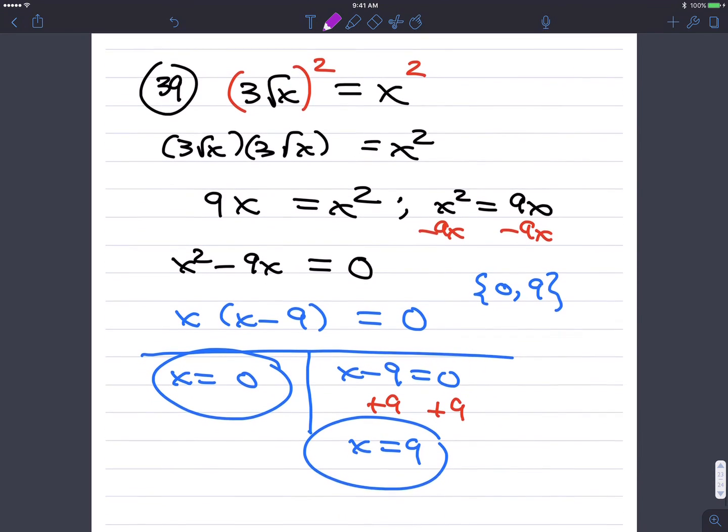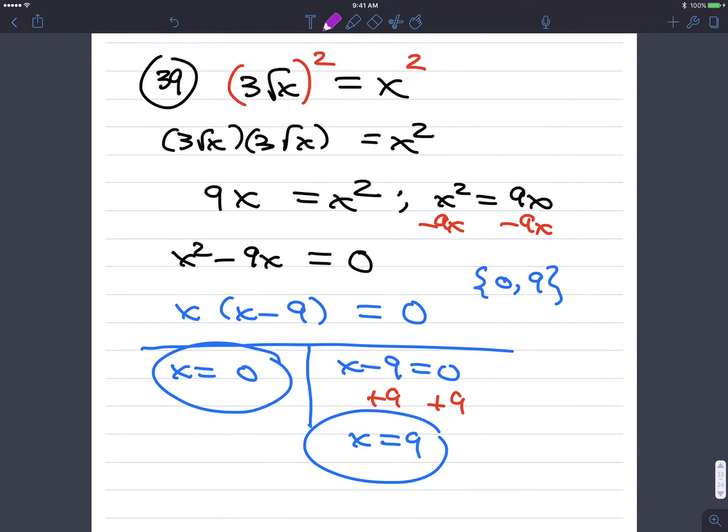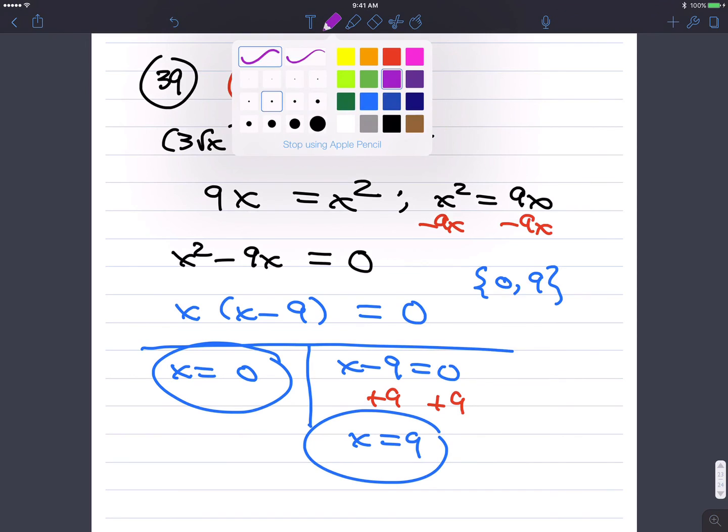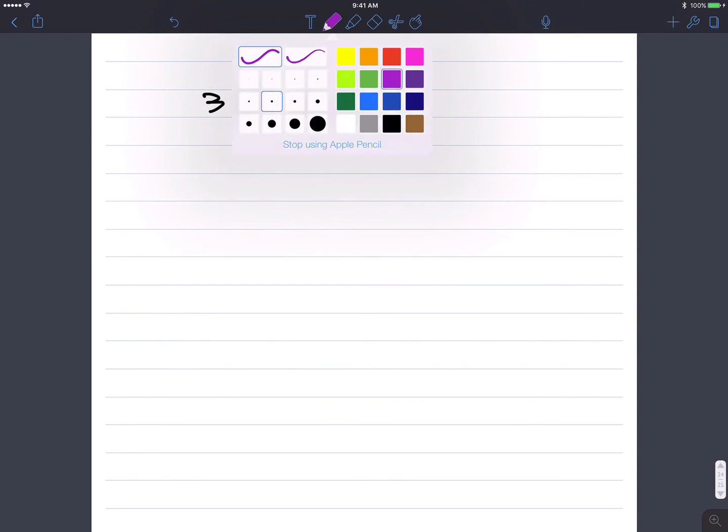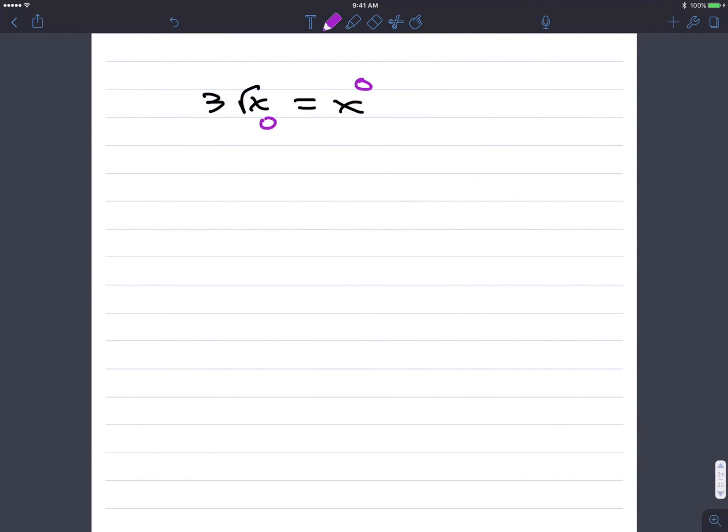In the case of 39, though, we go back and we found that x is 0 and x is 9. So if I look at the original equation, which is 3 square root of x is x, I'm going to plug in a 0 and a 9. 3 times the square root of 0 is 0. 3 times 0 is 0, or simply 0 is 0.